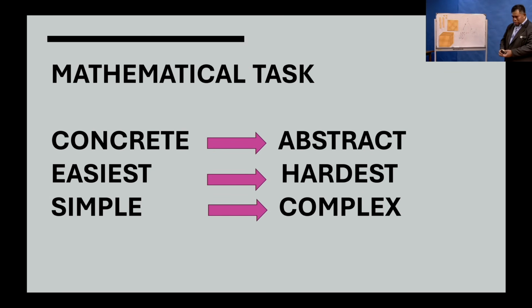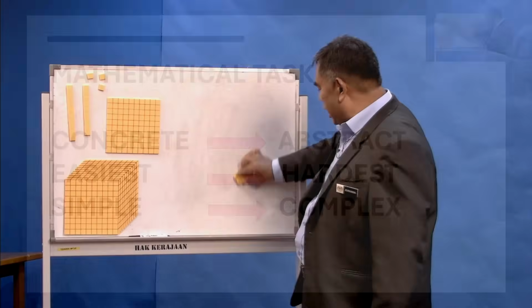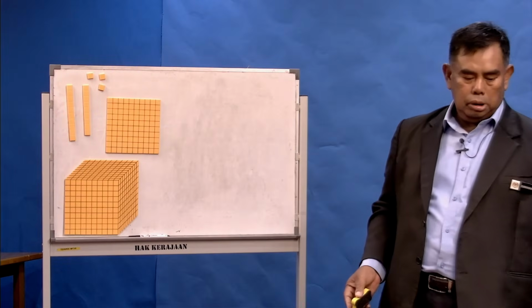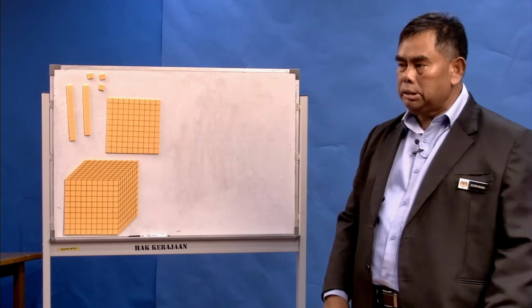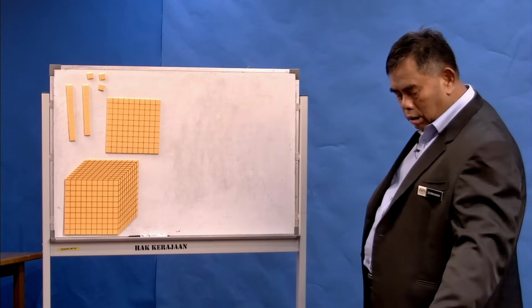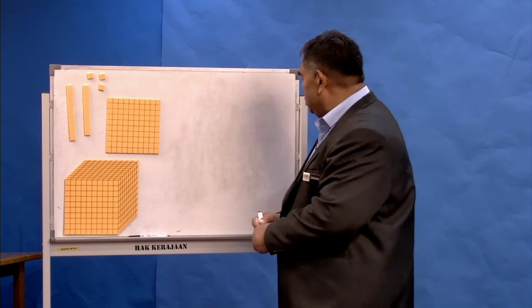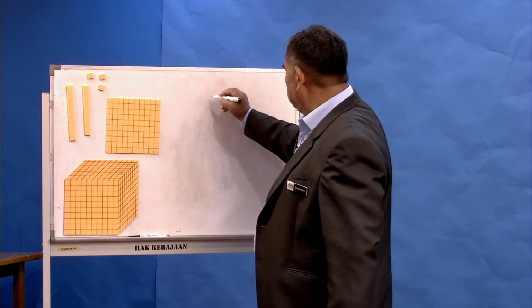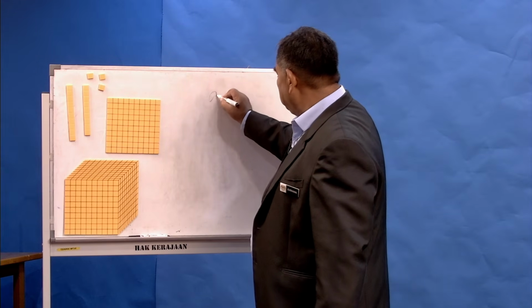I give you an example, like a number. A number is a very abstract concept. So we can start with concrete material. Maybe I have 9.